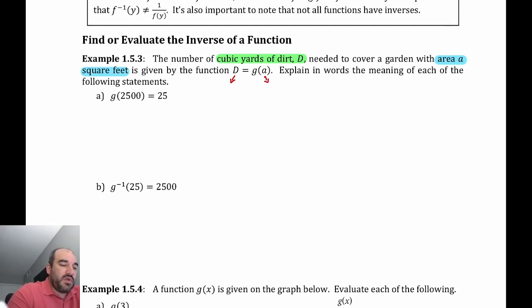D is the input? Which one? No, A is going to be our inputs here. And D is going to be the output. Right, because we plug inputs into a function, the function being G here. We input the area of the garden, and then the output is the cubic yards of dirt that we need for that garden.